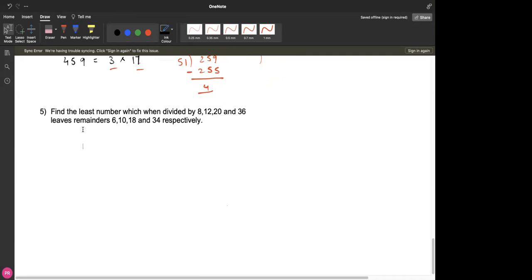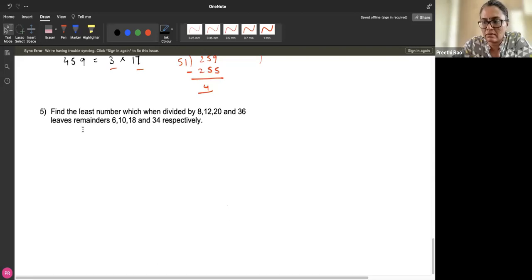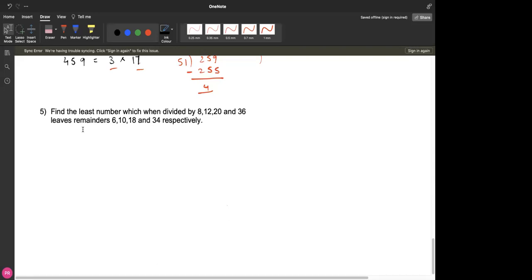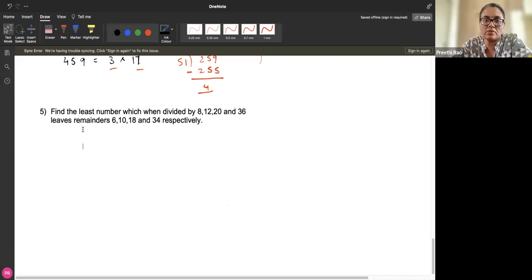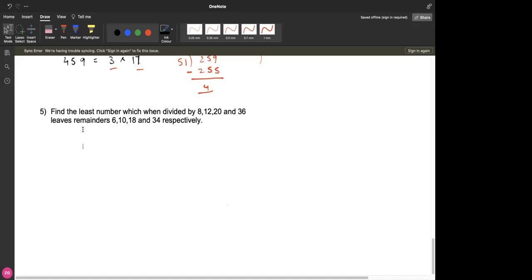Not always, but once in a while. Okay. While you solve this problem, let me switch my internet connection. I'll explain this problem and then I'll switch the connection.